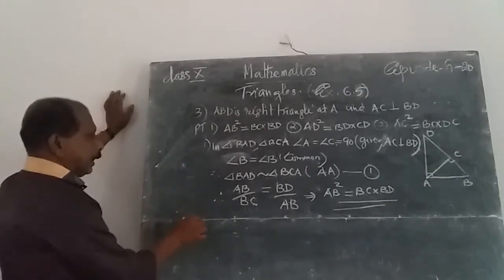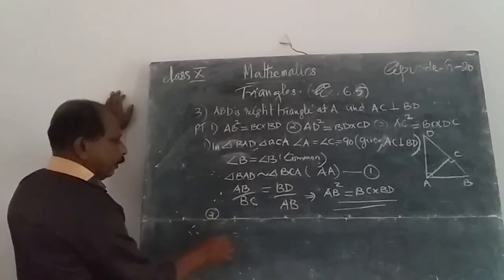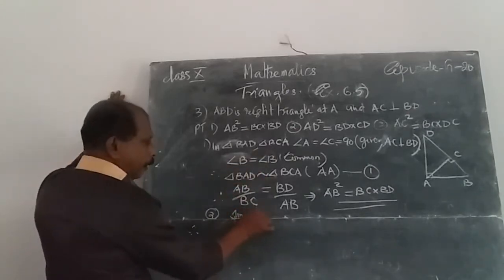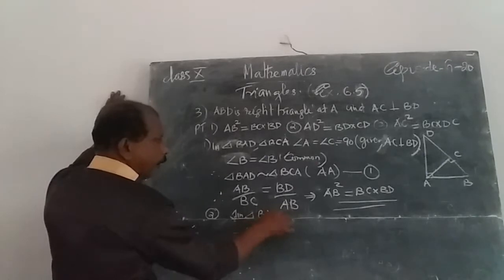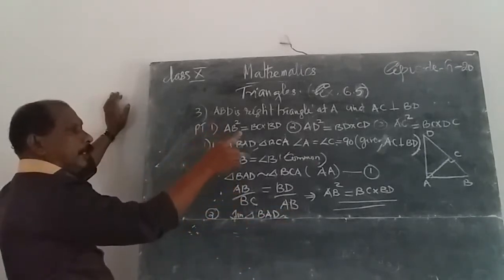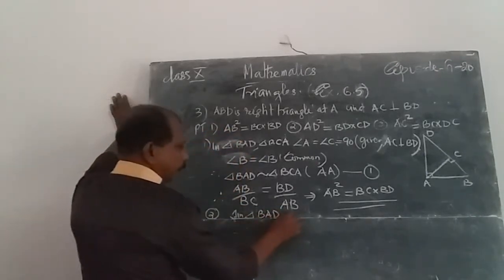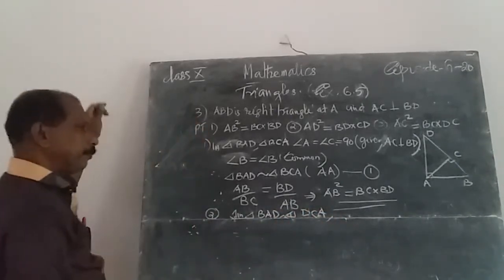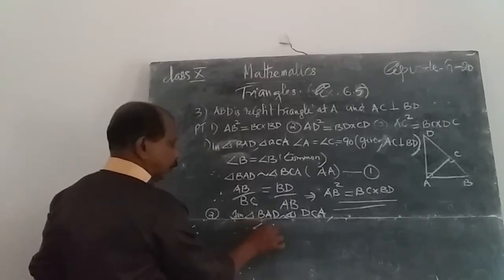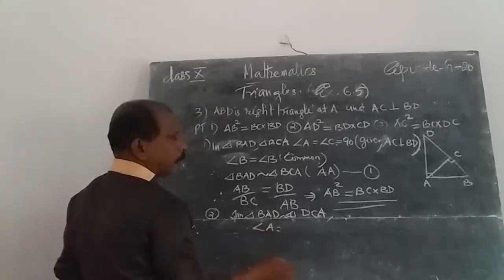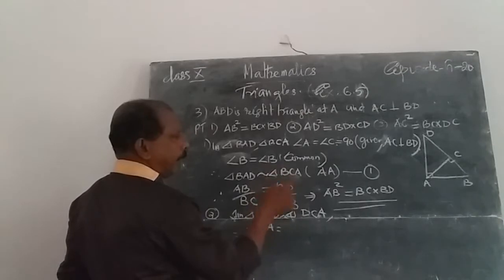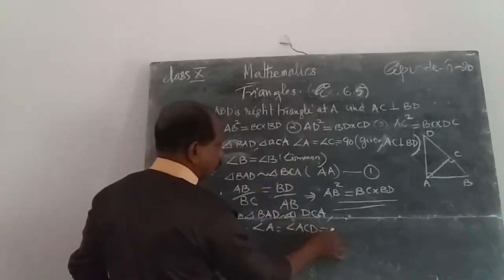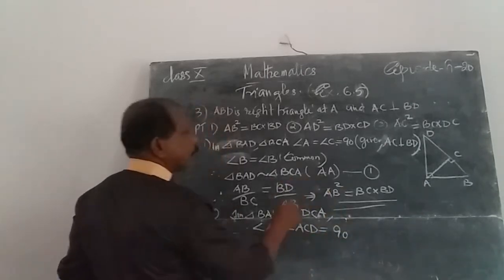Then for the second, in triangles BAD and DCA, angle A is equal to angle ACD is equal to 90 degrees.